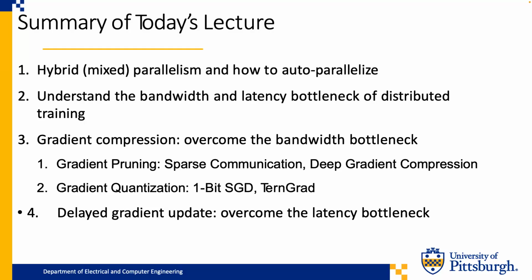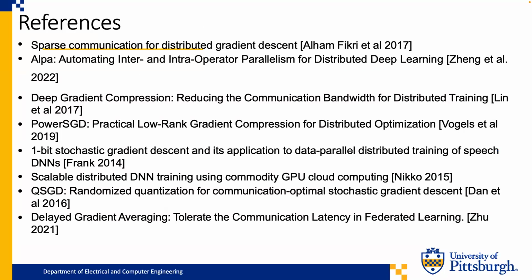To improve the bandwidth, we have gradient pruning and gradient quantization. For latency, we can't really fix it, but we can overcome the latency bottleneck by overlapping and doing this stale gradient estimation, so that we can perfectly hide the latency.